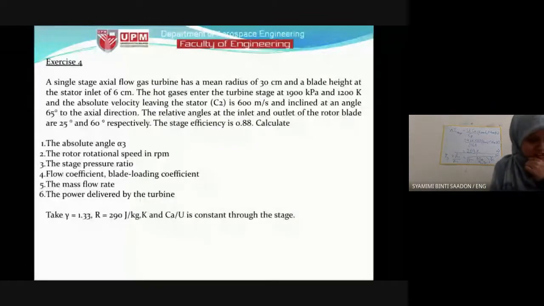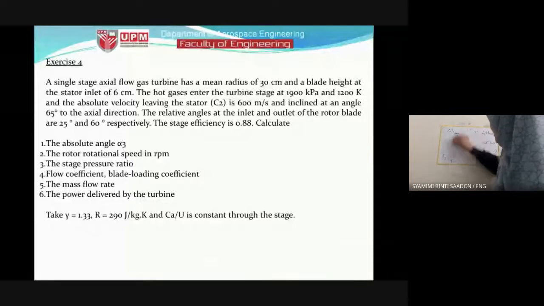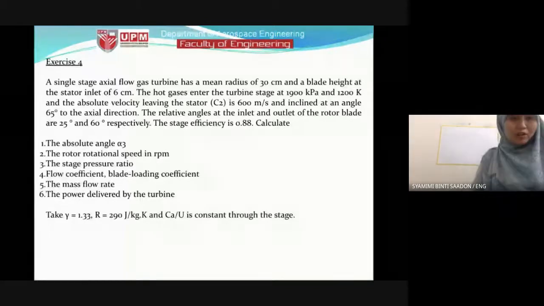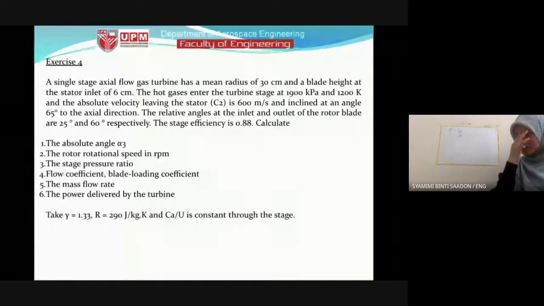So there is a meeting. Okay, flow coefficient and blade loading coefficient, I just give the formula. Flow coefficient is phi, which is CA over U. So you already have the value of CA and U, around 0.6.